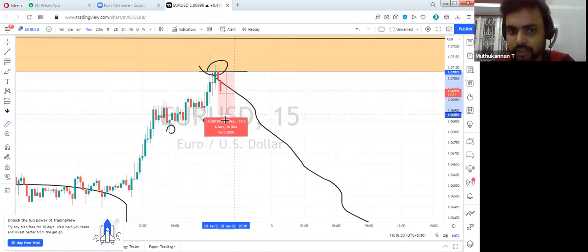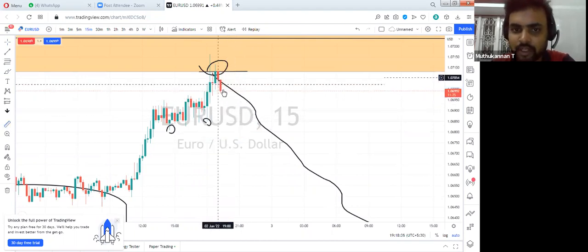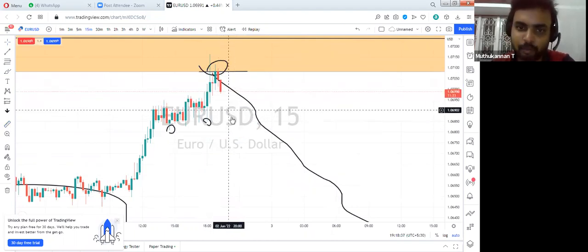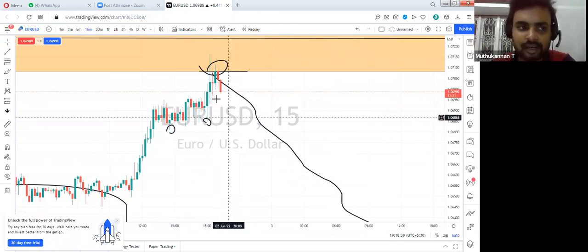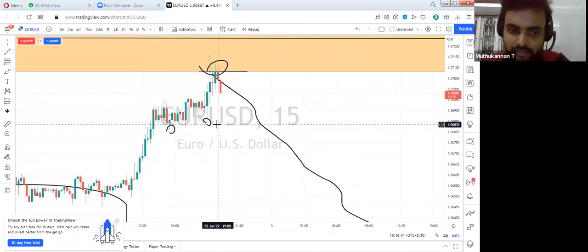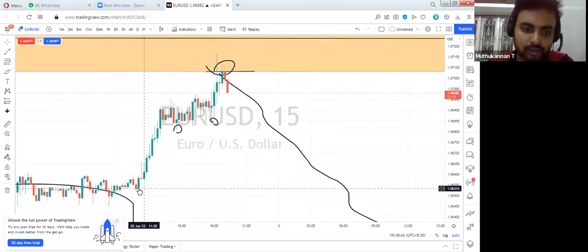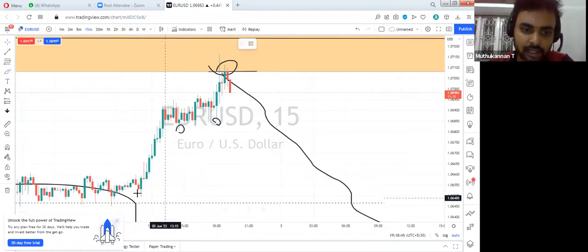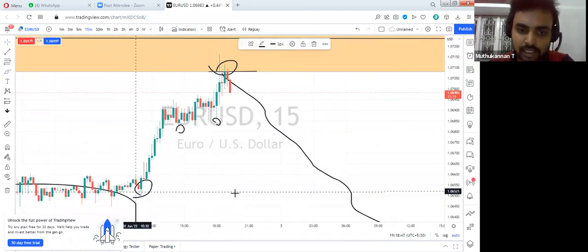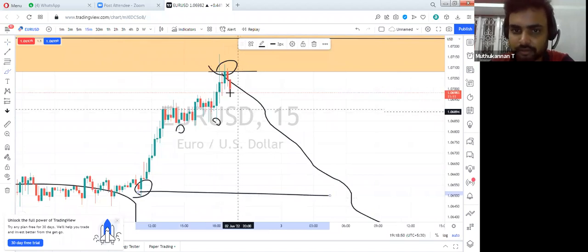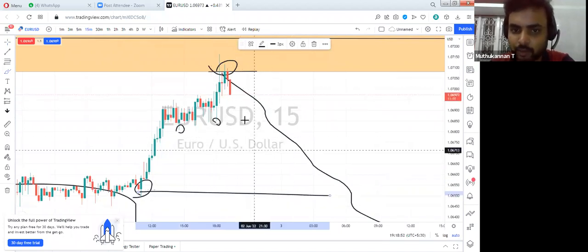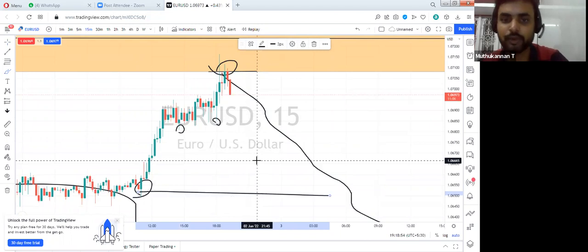By the way, you can capture quick profit within the 1 hour time frame, right? So you can also set your target here. Swing points are your target points. But for this, you need a lot of patience.